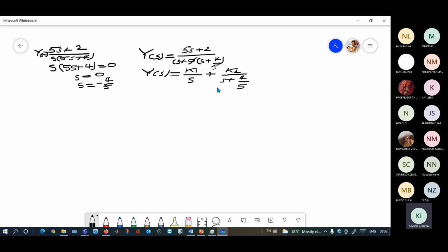After we have found this partial fraction, it's time to find the values of k1 and k2. As I told you, k1 and k2 can be found using the Heaviside method. So let's use the Heaviside method. We have k1, which is going to be equal to, let's go to the formula.